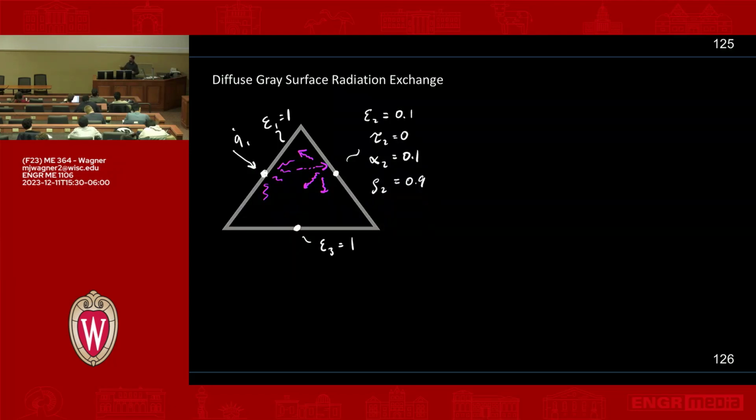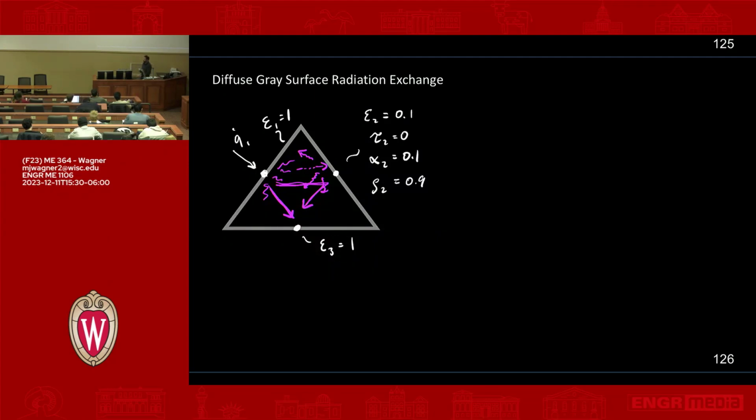So you start seeing that you have radiation from 1 to 2 and 2 to 3, and all of those things. You can either have a direct path from 1 to 3, or you can have this kind of indirect path from 1 to 2 to 3.